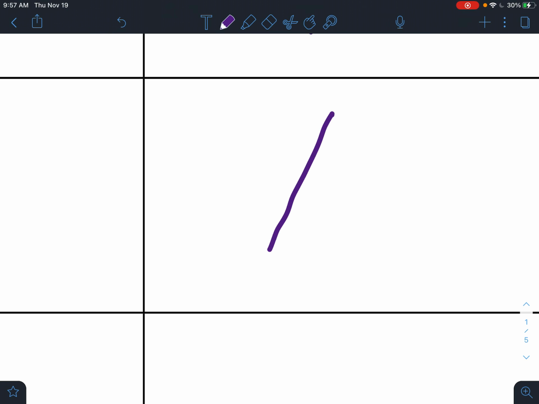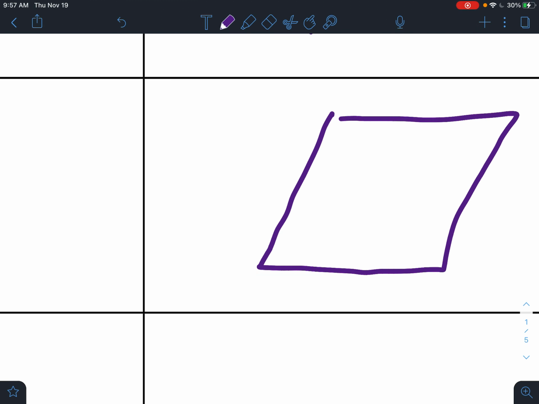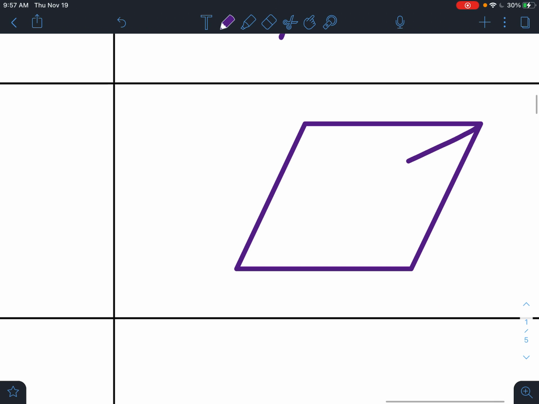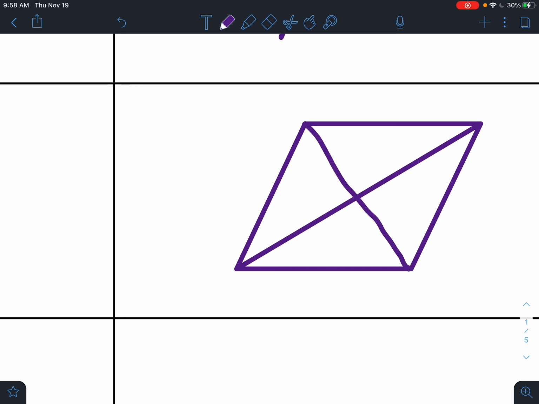What that looks like is if I draw my rhombus again and mark in my diagonals again, I'm going to again mark that they're perpendicular because that's true. Here's again our notation.